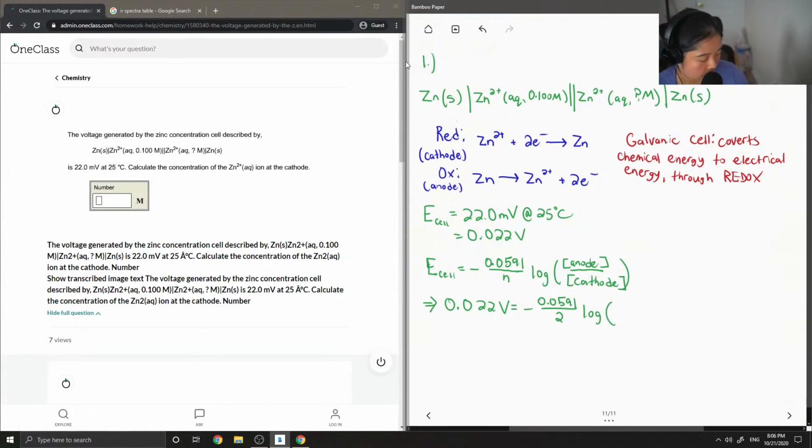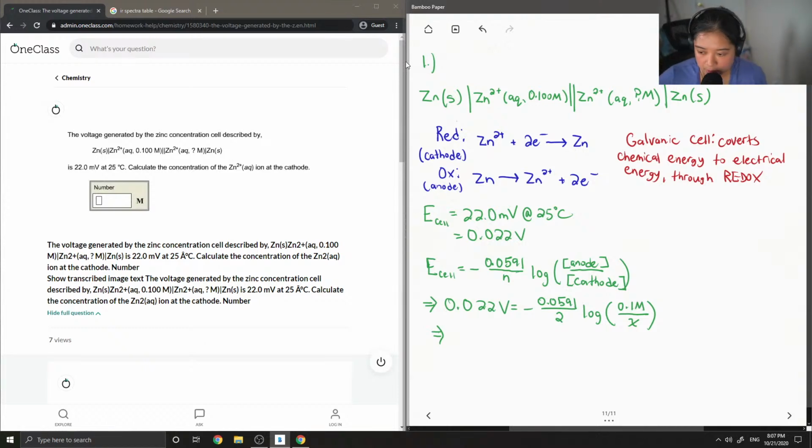And then in terms of concentration, the concentration of our anode, which is the zinc to zinc 2 plus, is the 0.1 molar. And then what we're looking for is the concentration of our cathode, which I'm just going to write down as X. So now I'm just going to solve for X.